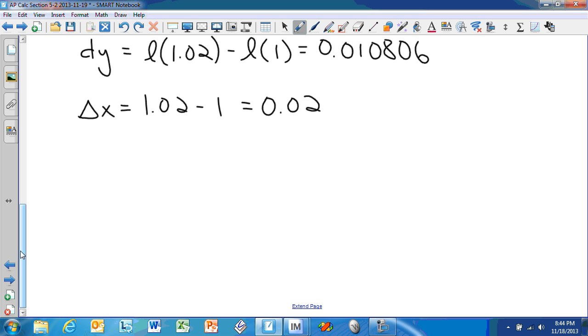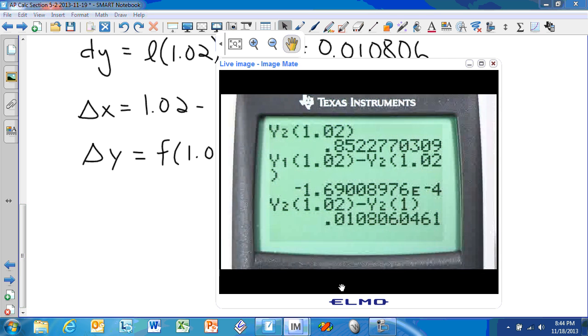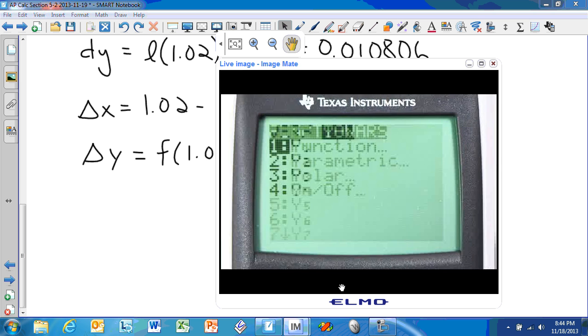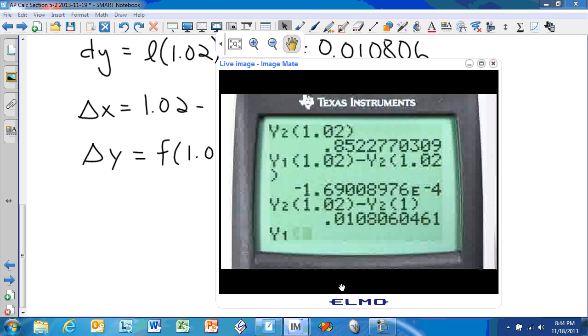And the last one that they want me to calculate here is delta y, which is measuring the difference in my y values on my original function. So that's f at 1.02 minus f at 1. And again, let's use the calculator to have it crunch those values for us. That's in y1.